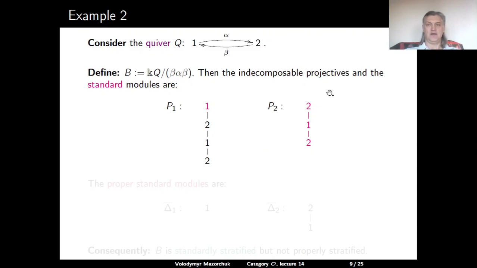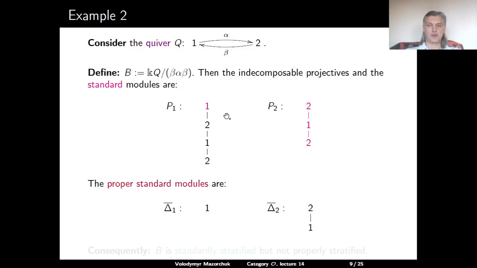Again, we must have that the projective module P2 coincides with a standard module. And then if we factor out everything below any 2's in the first module, we get that the simple L1 coincides with the standard module for 1.